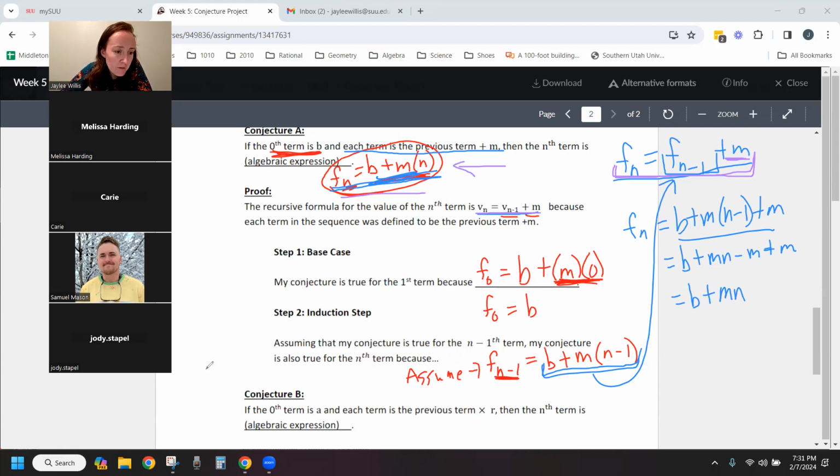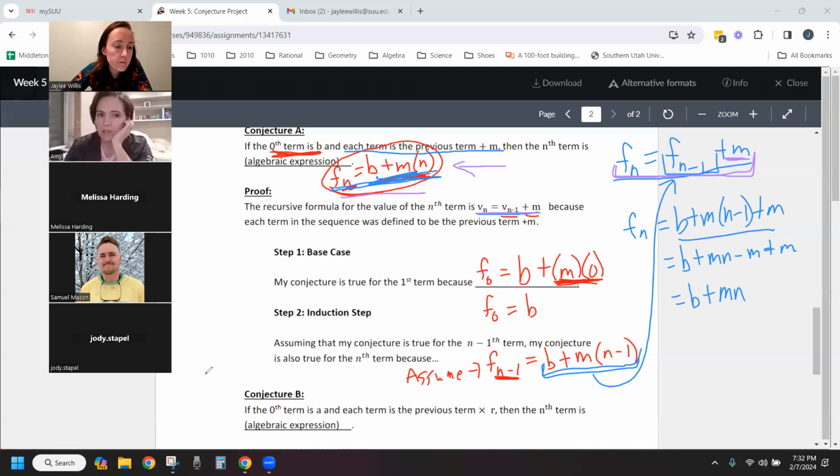Amy, you said you had a question about the first and 0th term? Yeah, going back to conjecture A, it says if the 0th term is b, and each term is the previous term plus m.